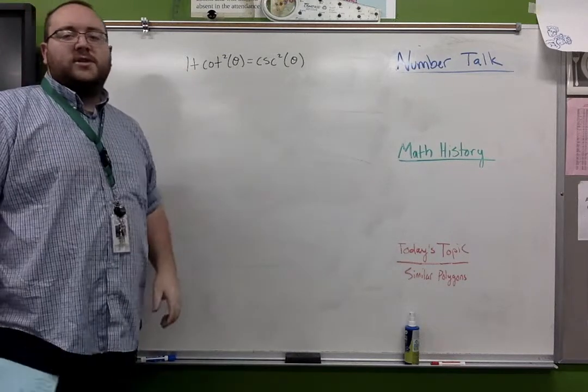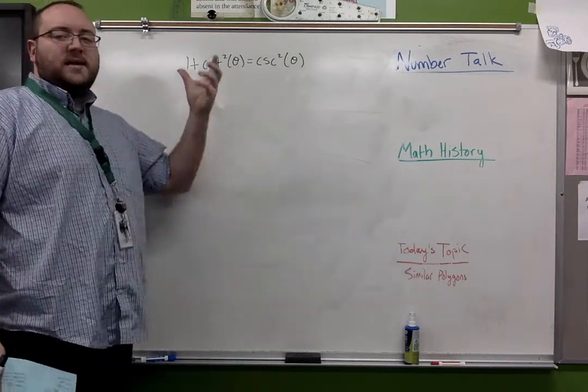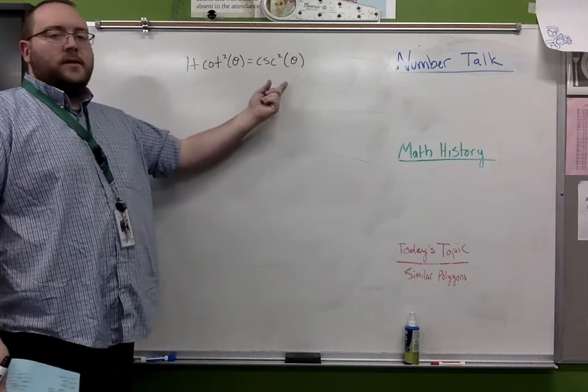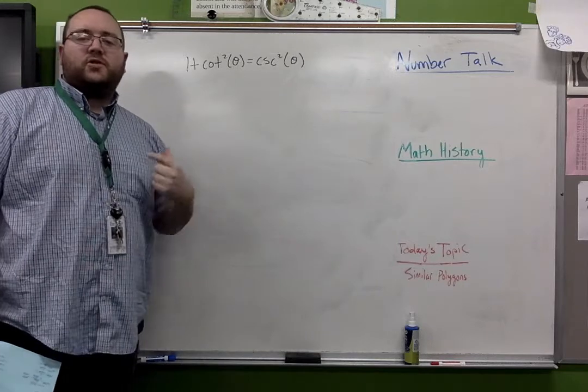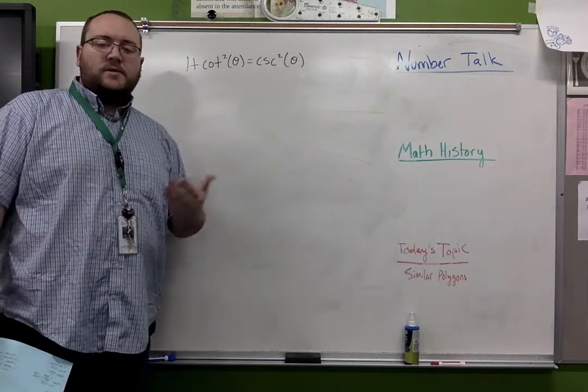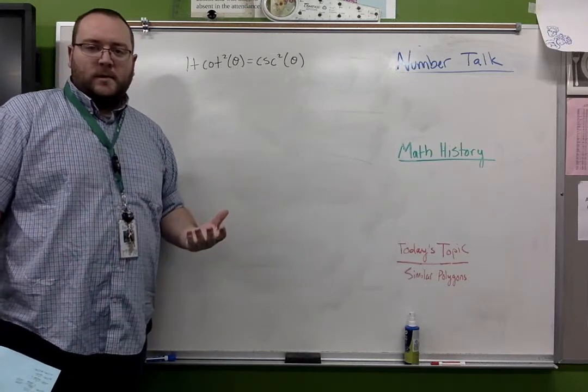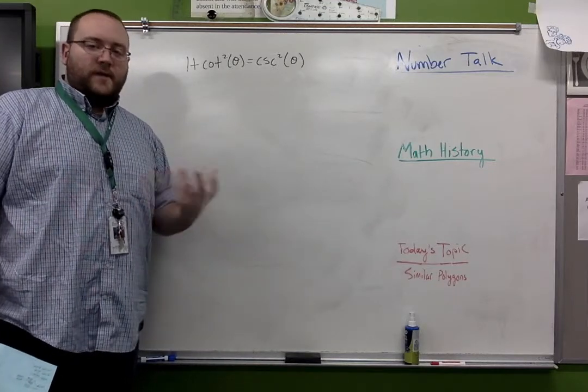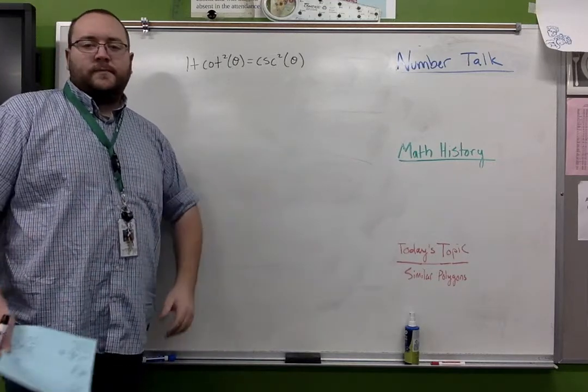So there'll be a lot of guess and check. So I recommend starting with the complex side and simplifying it down. What we want to do is get one side of the equal sign to look like the other one, because then we have a trivial identity where a number equals a number, and that's always true. So if I can show that a number equals a number through verification, then the identity is true.